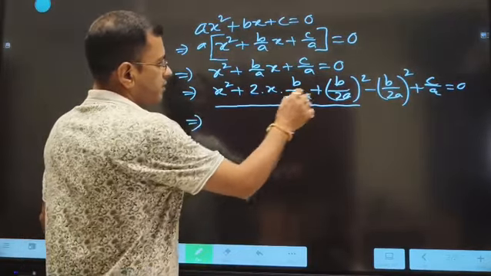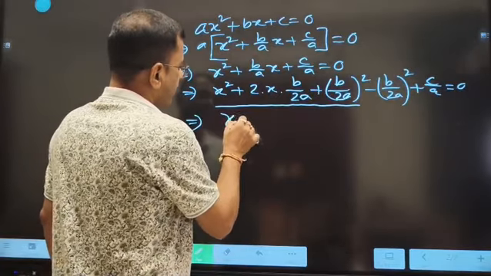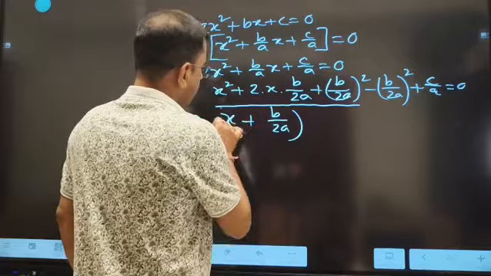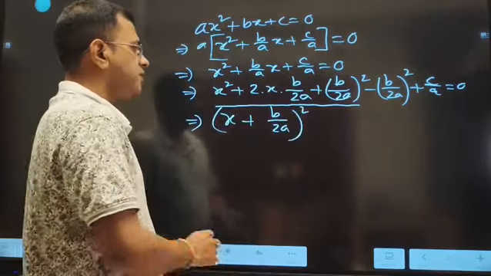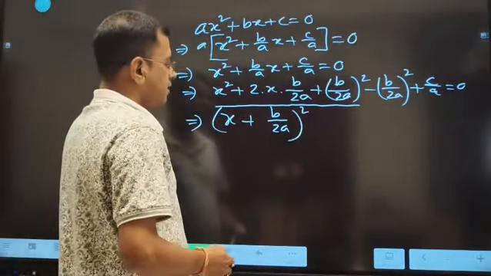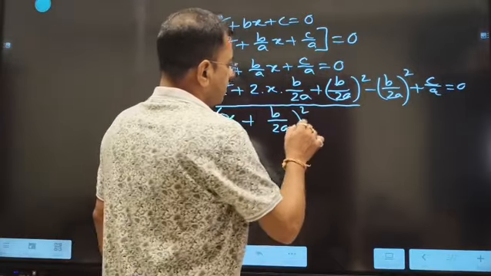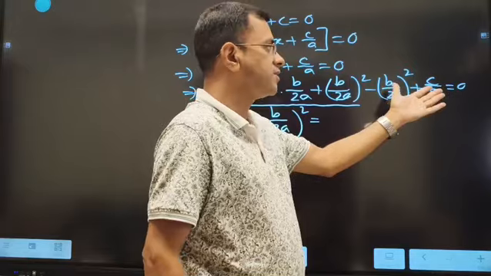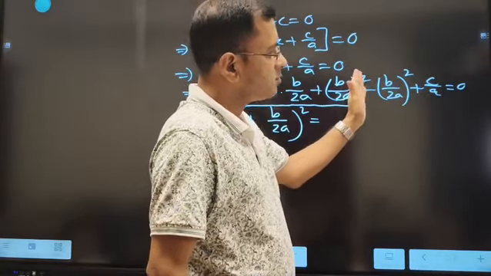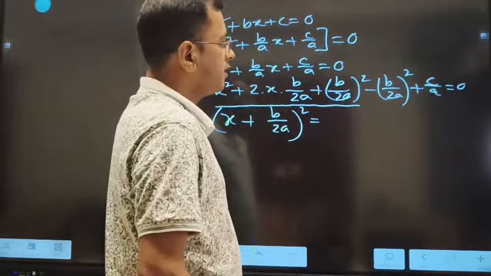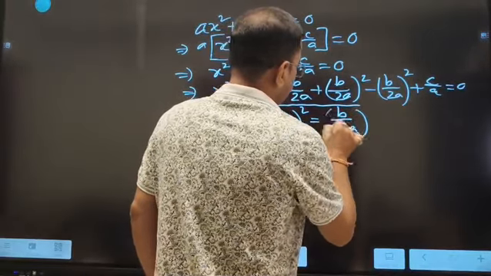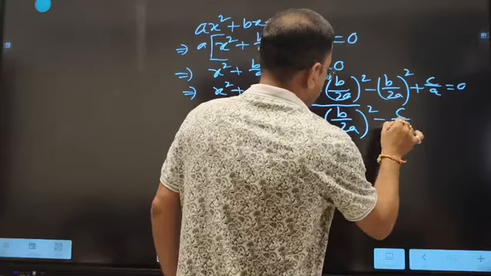From the first three terms, we can write x plus b by 2a whole squared. This is the a plus b whole squared identity we are using. Now the last two terms you can transfer to the right hand side: b by 2a whole squared minus c by a.